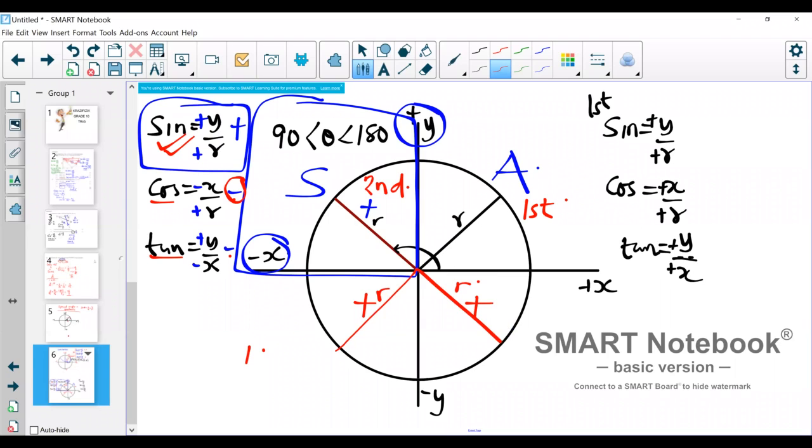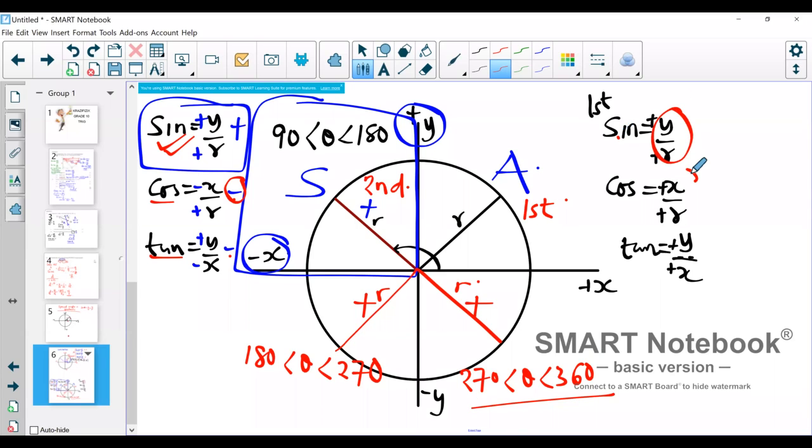Remember, your radius is still going to be positive. The angles we are dealing with here are between 180 and 270. The angles we are dealing with here are between 270 and 360. You can use your calculator to check, but basically you are using sine is y over r, cos is x over r, and tan is y over x.